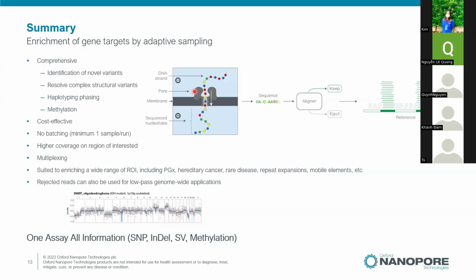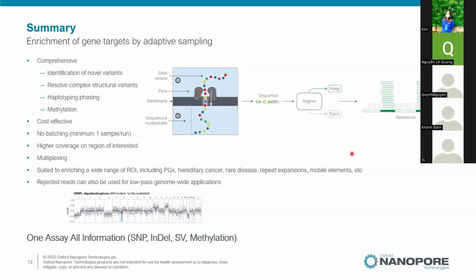There's no involvement of PCR. There's no involvement of target capture with hybridization. All you really do is supply a BED file and a FASTA file, telling the software which is your region of interest. The workflow is exactly like whole genome sequencing, with less than 60 minutes of library preparation time, and then you can do adaptive sampling.